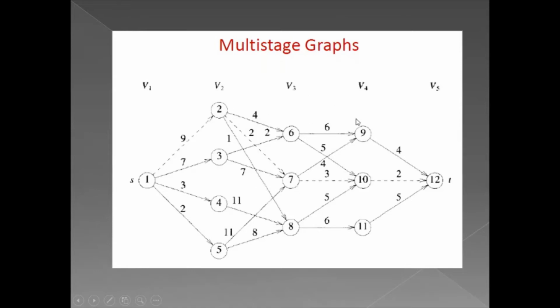Such digraphs are called multi-stage graphs. And the problem given is what? We have to consider one vertex as a source and one vertex as a destination, and find the paths from source to destination. Our aim is to find the shortest path from this source to this destination.